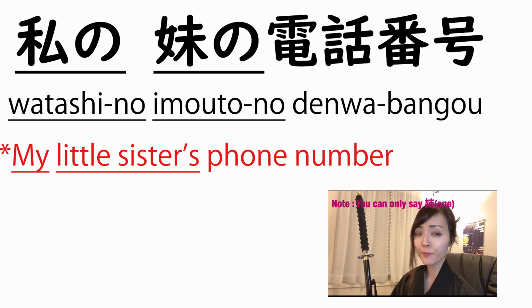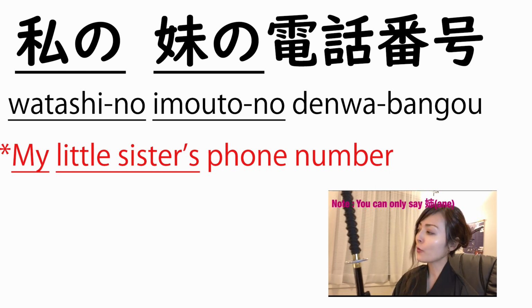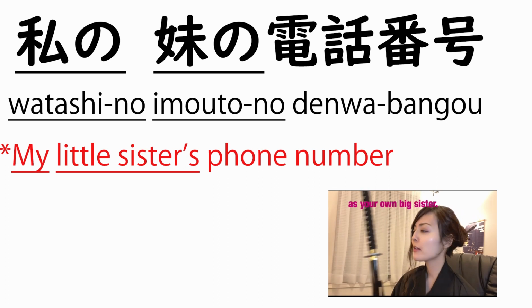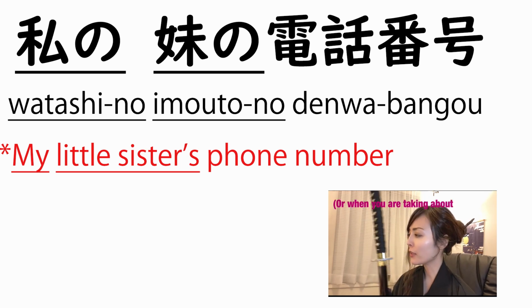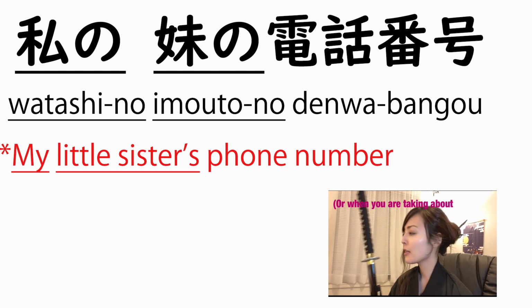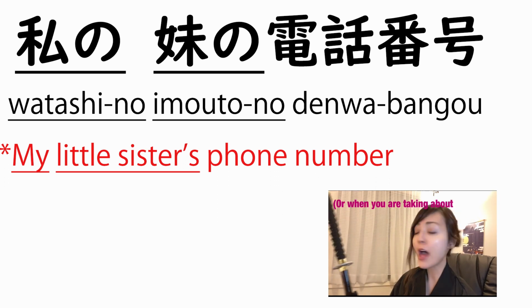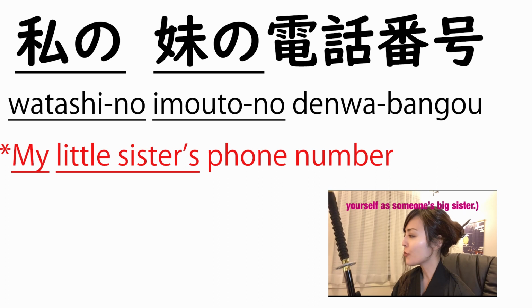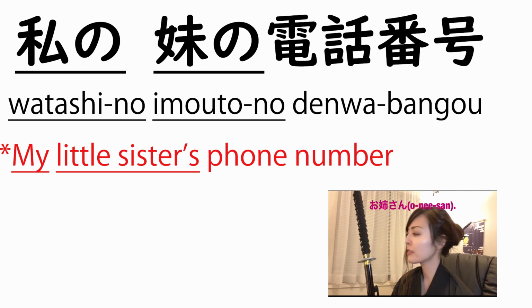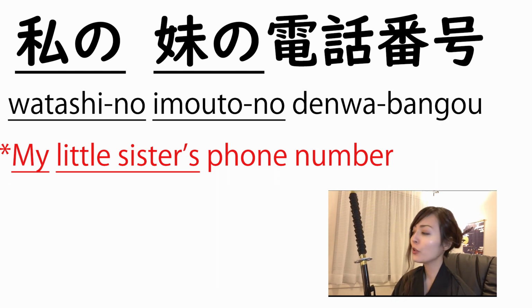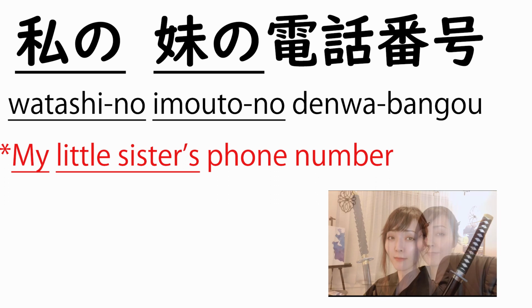Be careful though. Usually you can only say 姉 as your own sister in conversation. If you'd like to mention someone else's sister, you had better call them お姉さん for both formal and casual Japanese, and sometimes お姉様 for the most formal Japanese.